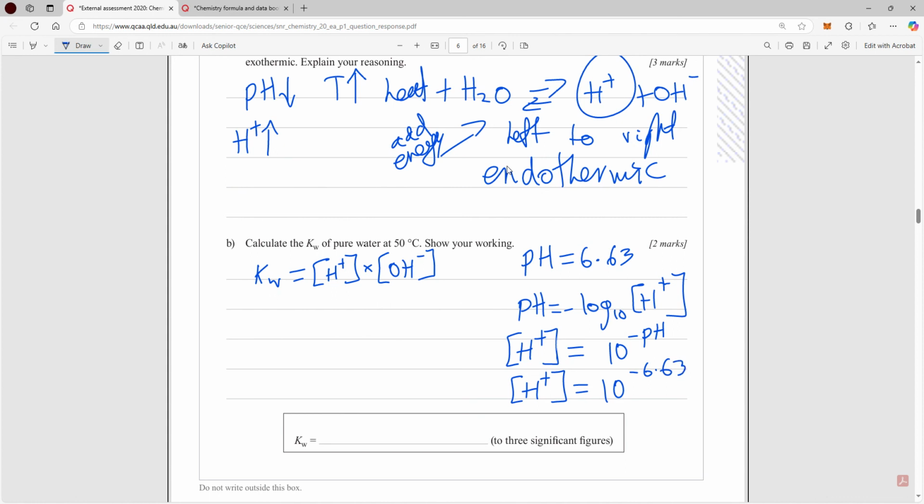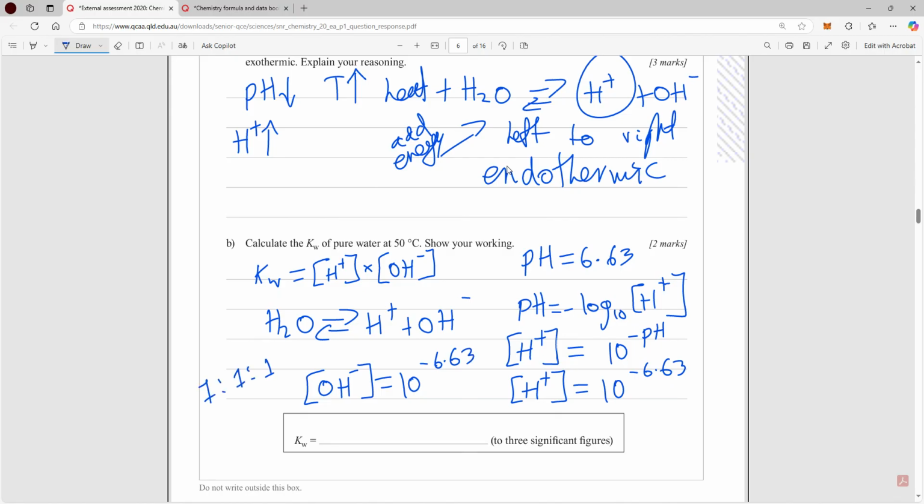Now, how are we going to work out the OH? We've got to look at this equation here. So water produces H plus and OH. It's a 1-to-1-to-1 ratio, meaning the amount of H plus will be the same amount as OH. Okay, so we know directly that OH is going to be the same amount because it's a 1-to-1-to-1 ratio.